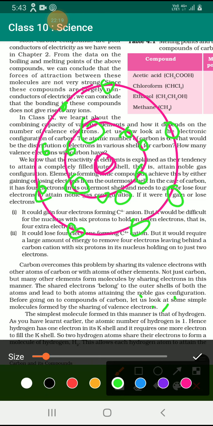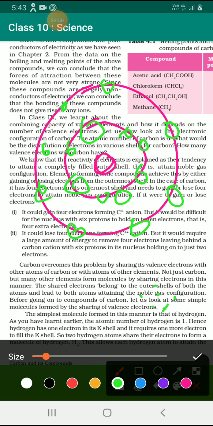Remember that when the elements have an octet arrangement in their outermost shell, meaning 8 electrons in the outermost shell, then they will not share these electrons with any other elements or compounds. So such elements are called noble gases. Noble gases mean in the outermost shell there will be exactly 8 electrons.